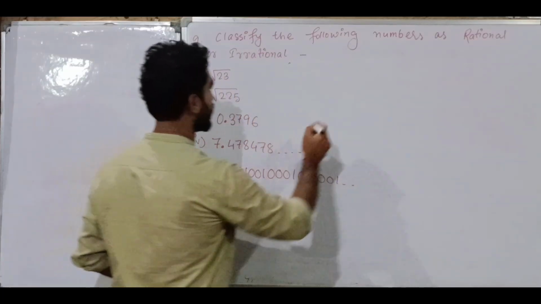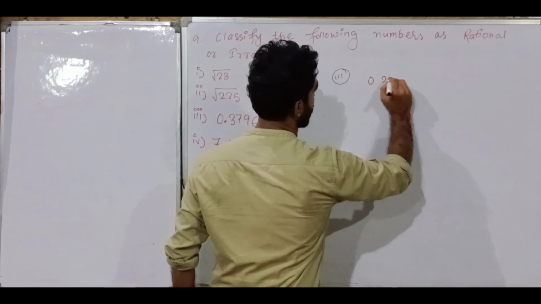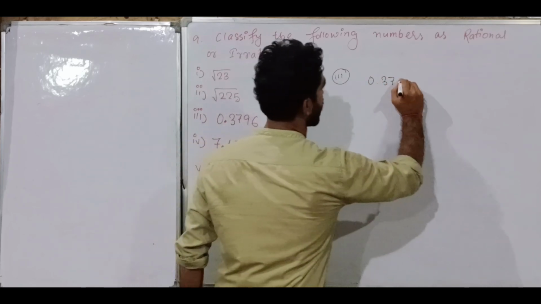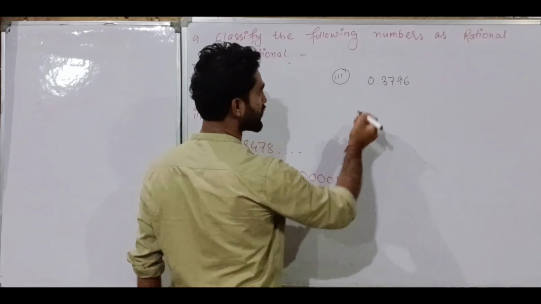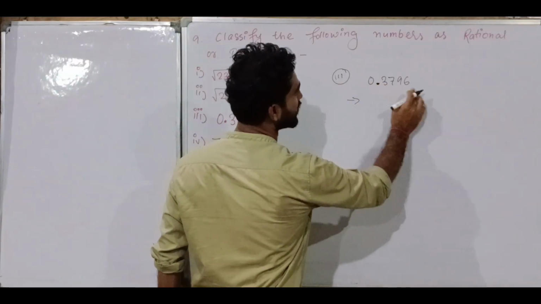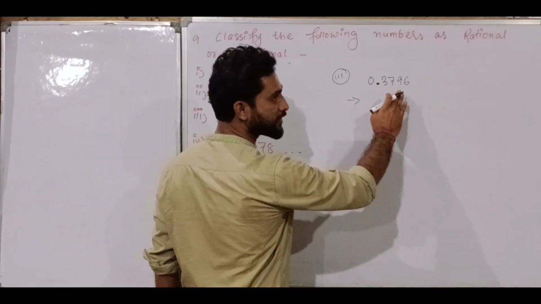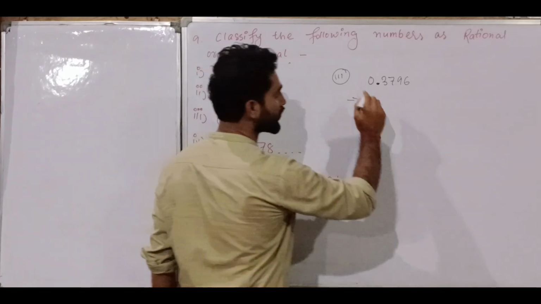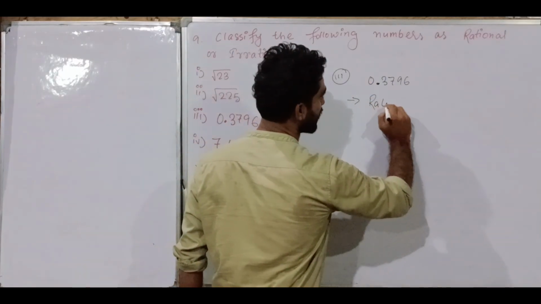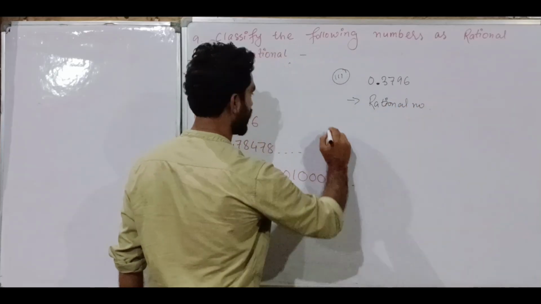The third question is 0.3796. Here also clearly we can see that after the decimal point the digits got terminated. Since the decimal expansion is a terminating decimal expansion, it is also an example of a rational number.